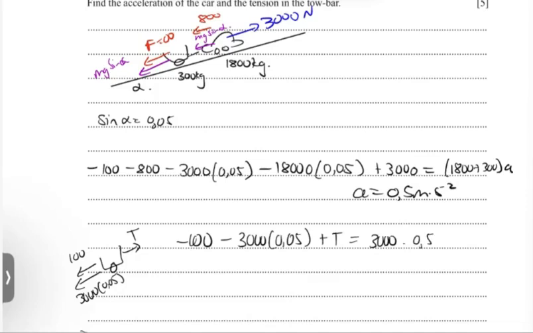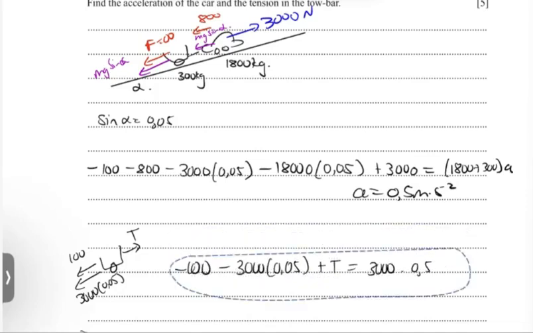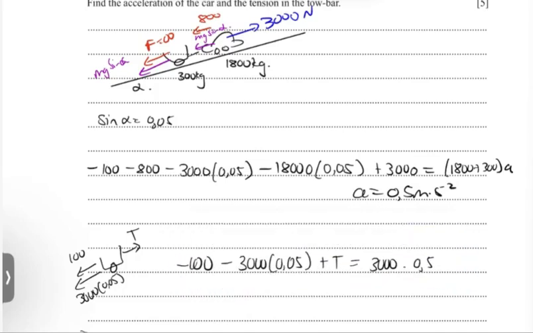Okay, so remember what I'm doing here, this is Newton's second law. Sum of forces is mass times acceleration. So I've got the sum of my forces is my friction and my weight component acting downwards, my tension's acting up, the mass of the trailer only because I've just isolated the trailer.